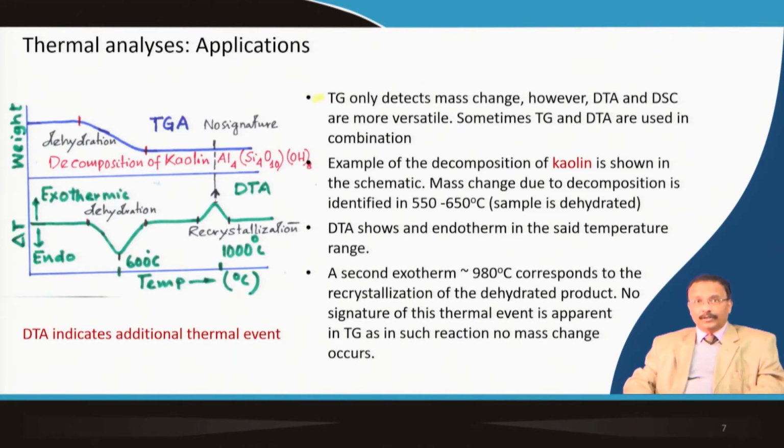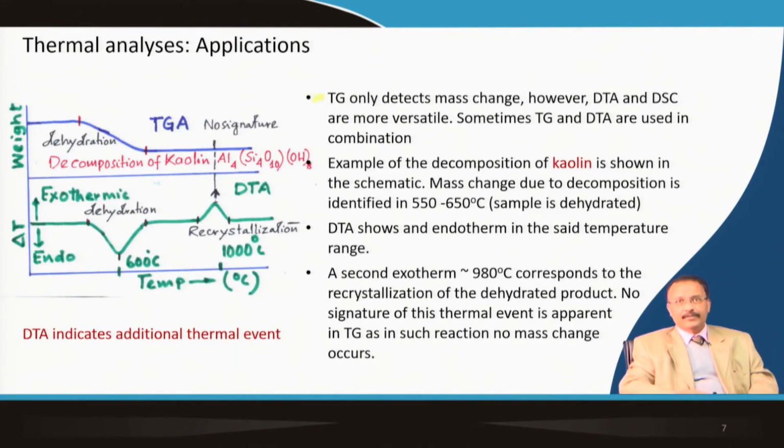TG, the thermogravimetric analysis, can detect only the mass change, but DTA and DSC are more versatile. In some equipment, thermogravimetry and differential thermal analysis are used in combination. Both are combined in a single piece of equipment, and that is quite versatile in nature.